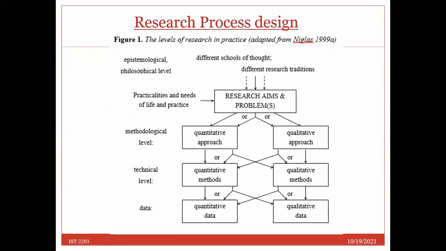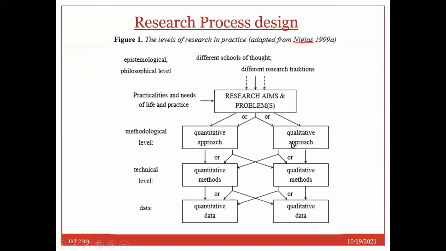So in designing a research, after you've got your research aims or problems, next is to determine what methodology it will be. Will it be quantitative? Will it be qualitative? Will it be a mix of both?